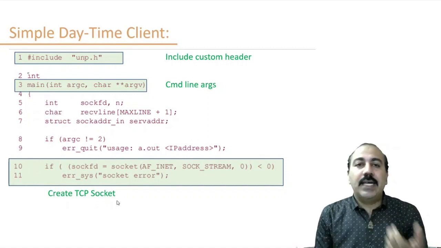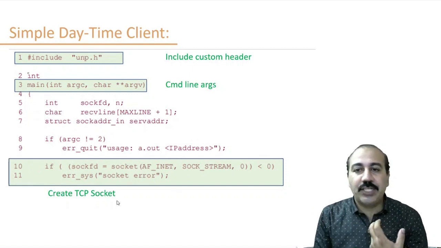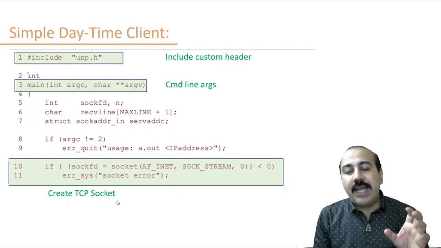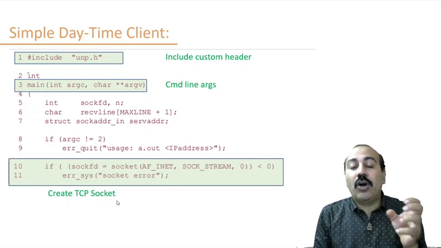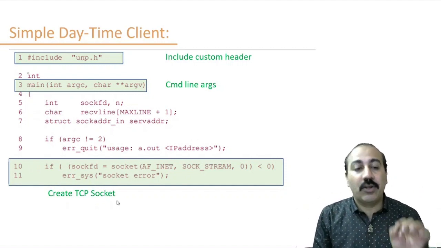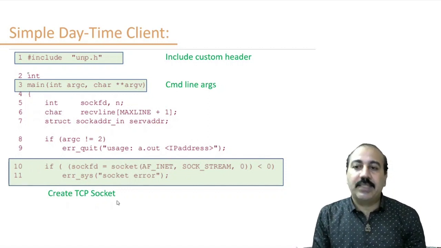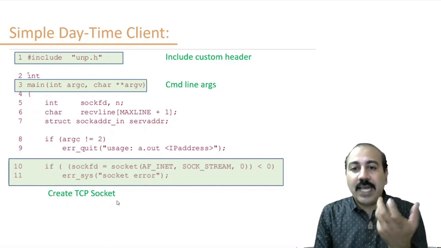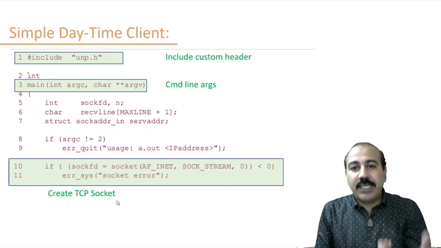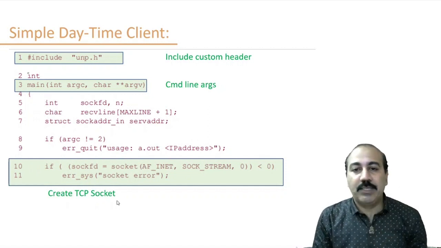If I want to establish a connection between two machines, then I need to have a socket on both ends, and these sockets will communicate with each other, or help in establishing a connection between the two devices.